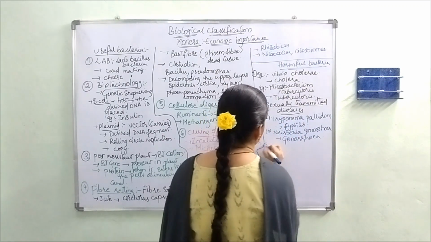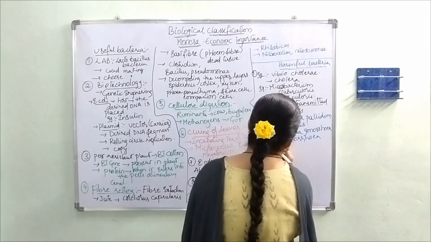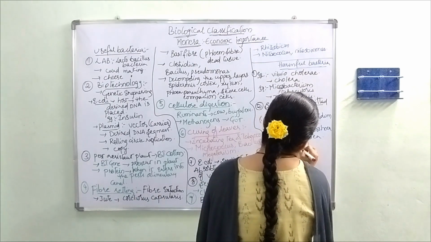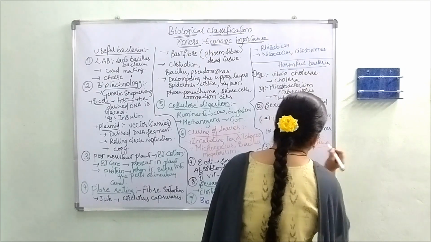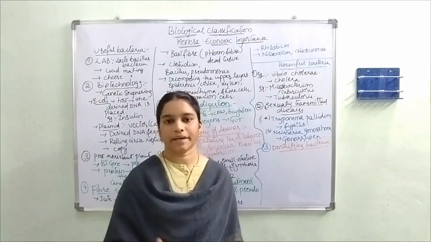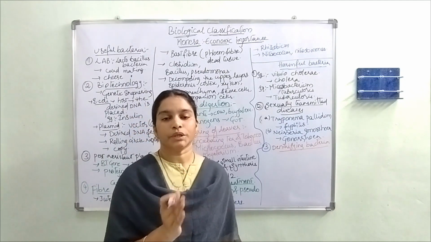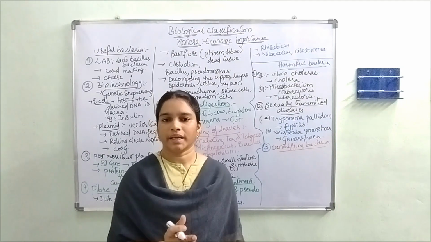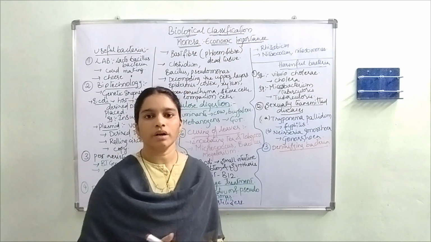Next, number 3, denitrifying bacteria. So what are these denitrifying bacteria? After the plant material has utilized ammonia or nitrates, there would be some remains of nitrates or nitrites.